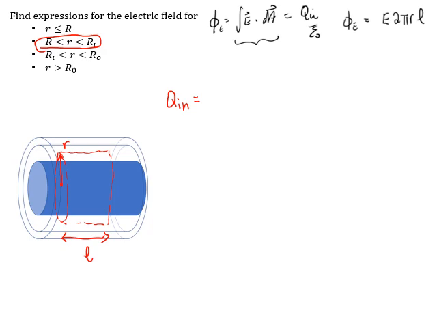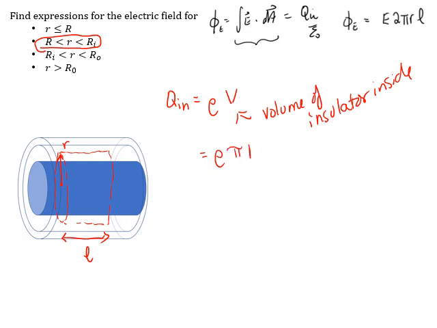So Q in is equal to density times V. V is the volume of the insulator inside the Gaussian surface. Okay, so that's rho times pi times the radius of the insulator squared times the length.